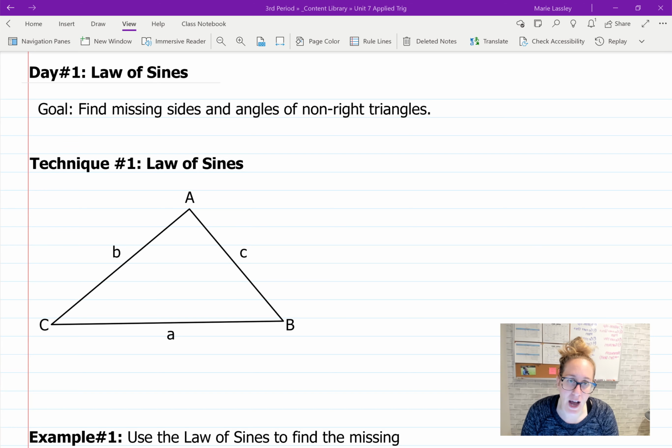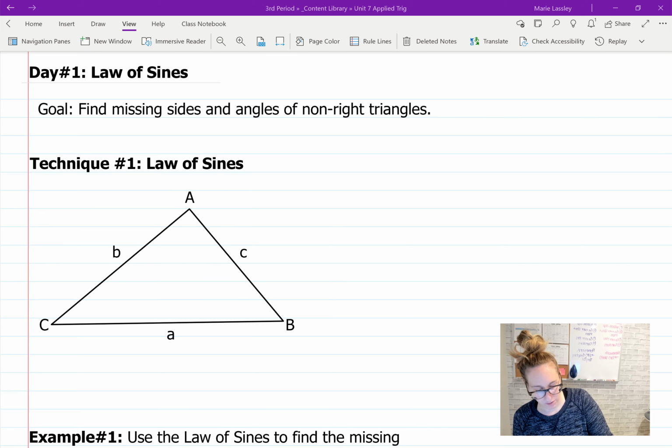The law of sines is actually easy to derive, so we're going to figure out where it comes from. If you didn't know the law of sines, a general technique for finding missing sides and angles in a triangle is to make it a right triangle.